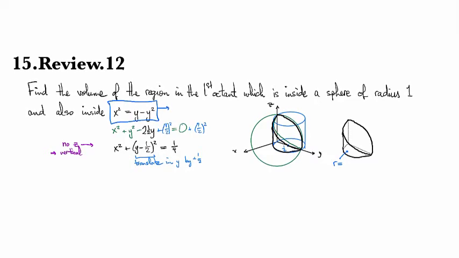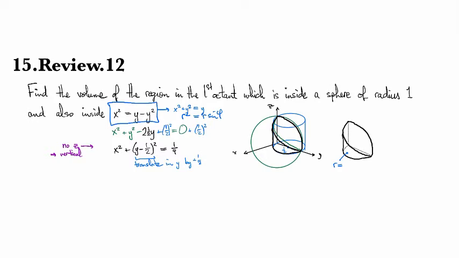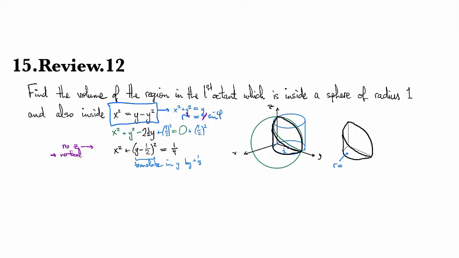That would be x squared plus y squared equals y. And then that would be r squared on the left equal to r sine theta on the right. And so I can cancel an r from both sides, and that's r equals sine theta.